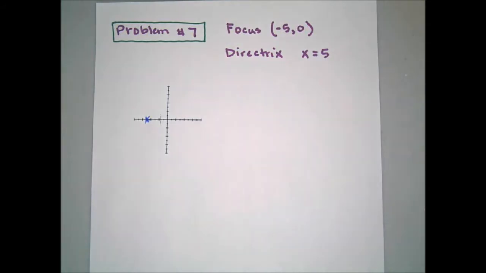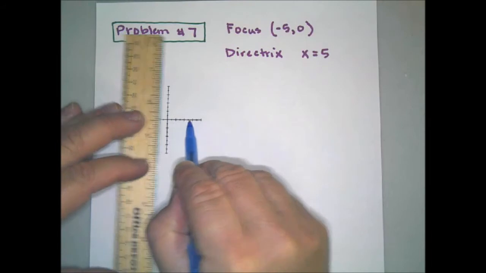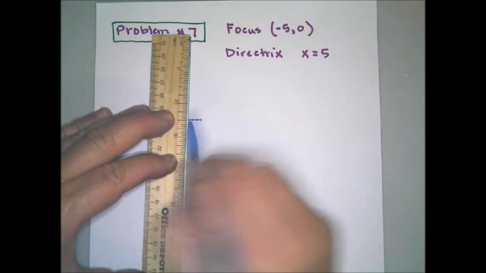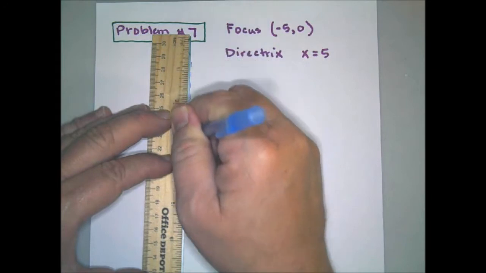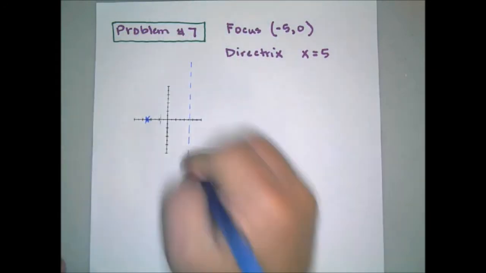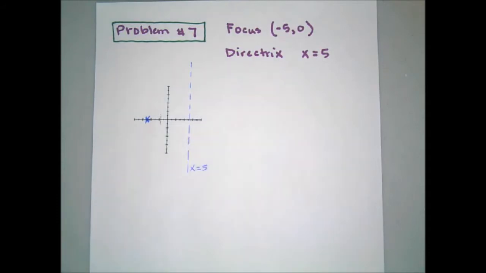So what we're going to do is we're going to draw a vertical line right up and down at x equals 5. There's your directrix at x equals 5. And like I said, that tells us the vertex of this parabola is sitting right there at 0, 0.